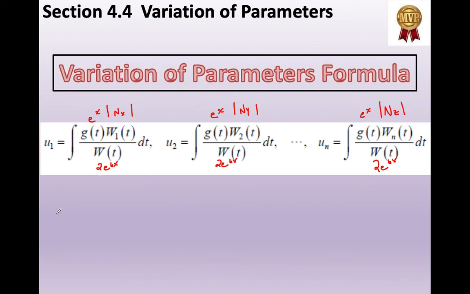So our u sub 1 is the integral of e to the x times e to the 5x all over e to the 6x, and there's a 2 here. I'm going to osmosis that out front.